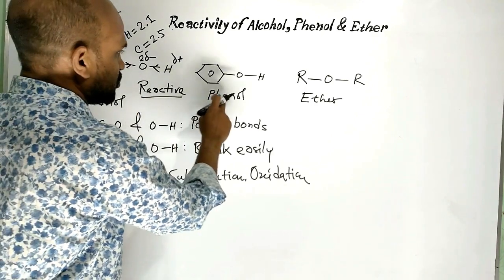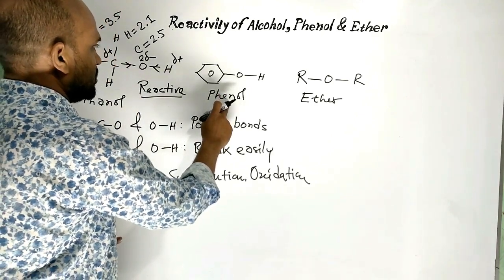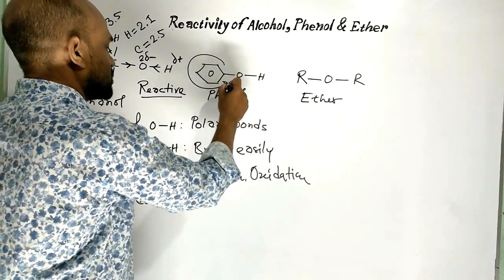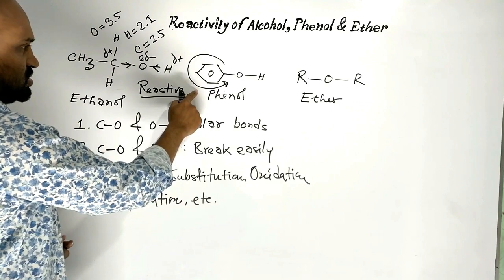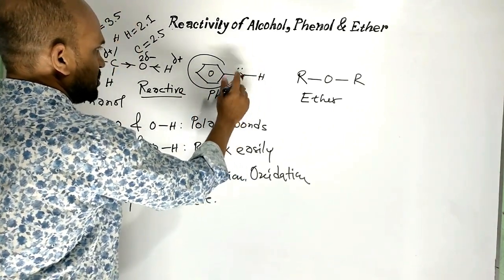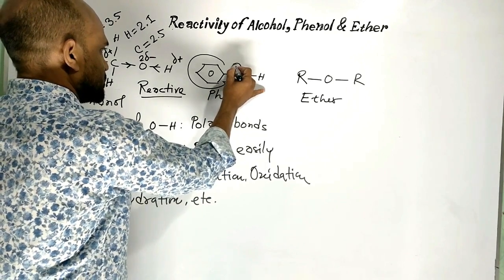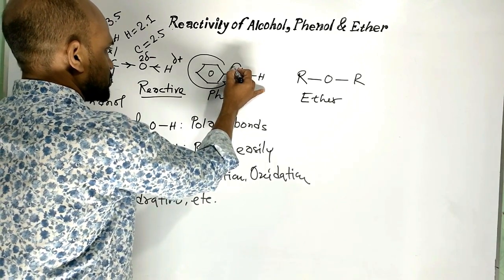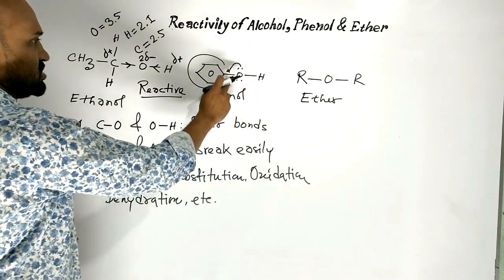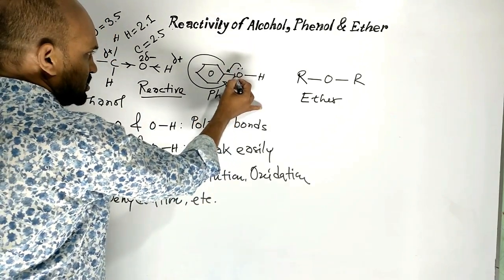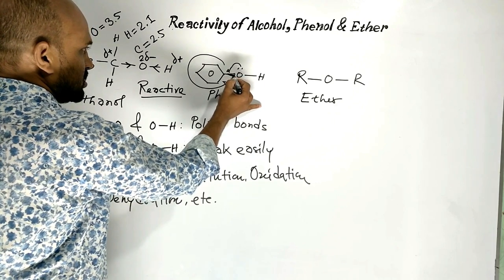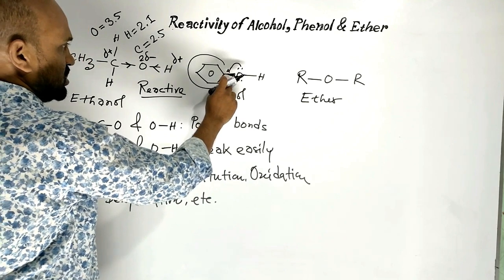Now let us see about phenol. In phenol, the benzene ring shows resonance structures. As a result, electrons of oxygen are attracted by the benzene ring, and as a result, this carbon oxygen bond becomes stronger.